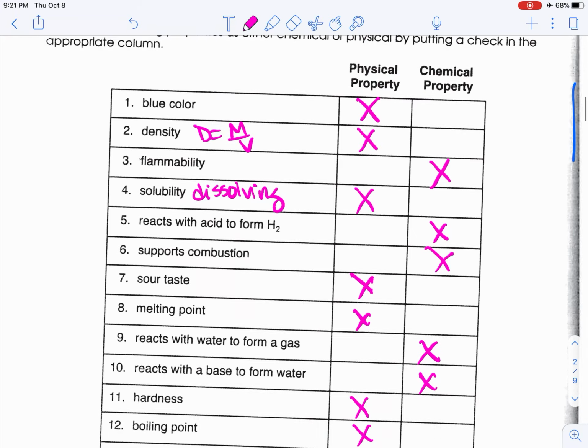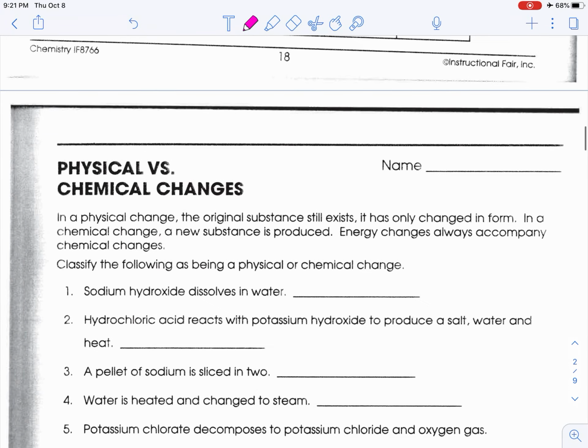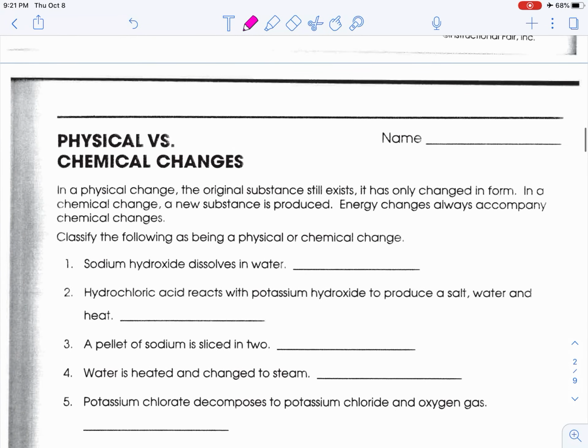So there's that. Then we have physical versus chemical changes. So this is talking about changes, not just what it is, but how it's changing. In a physical change, the original substance still exists. It's only changed form. So physical is a change in form, like a phase change, solid to liquid to gas, or the reverse.